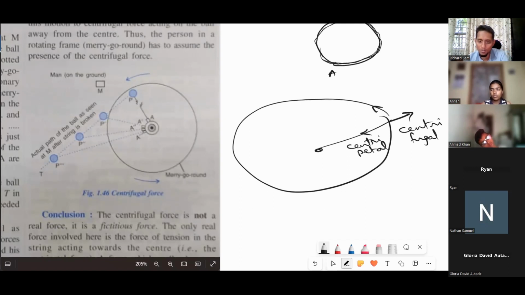Suppose this is the rope and the rope breaks here. Is it going to go like that? No. If it's moving in this direction, it is going to go perpendicular to the rope. That's the direction in which the object is going to go.